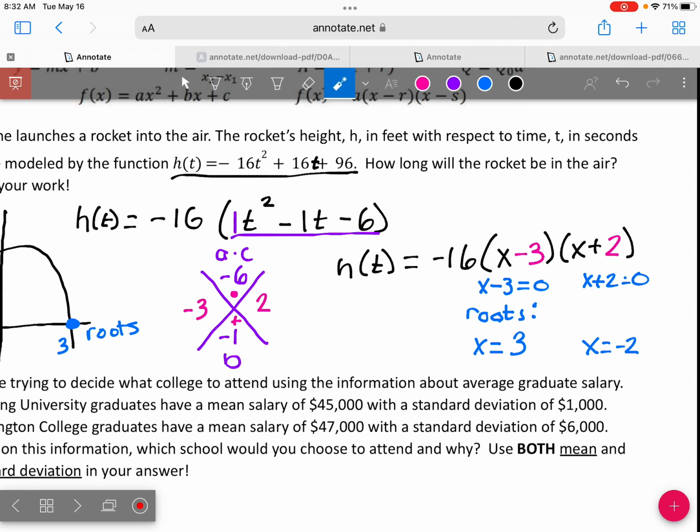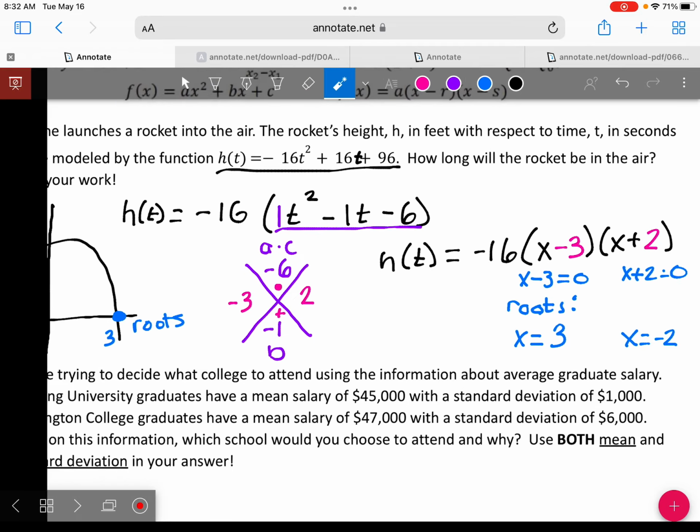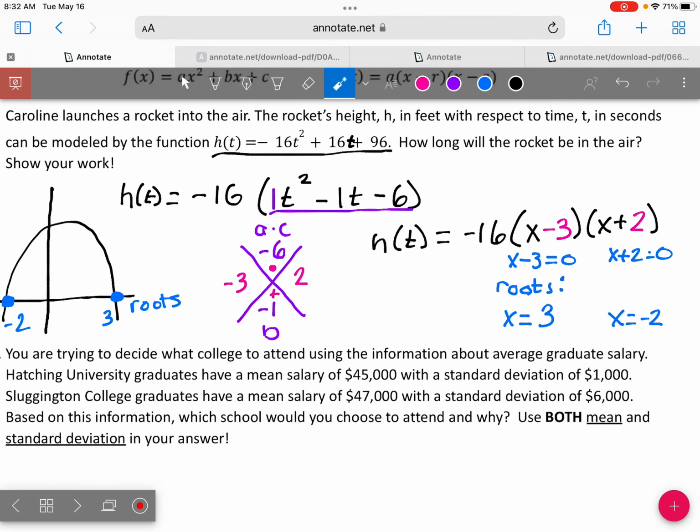So now here's the money question. How long was it in the air? Remember, this is the question that we were asked. How long is it in the air?